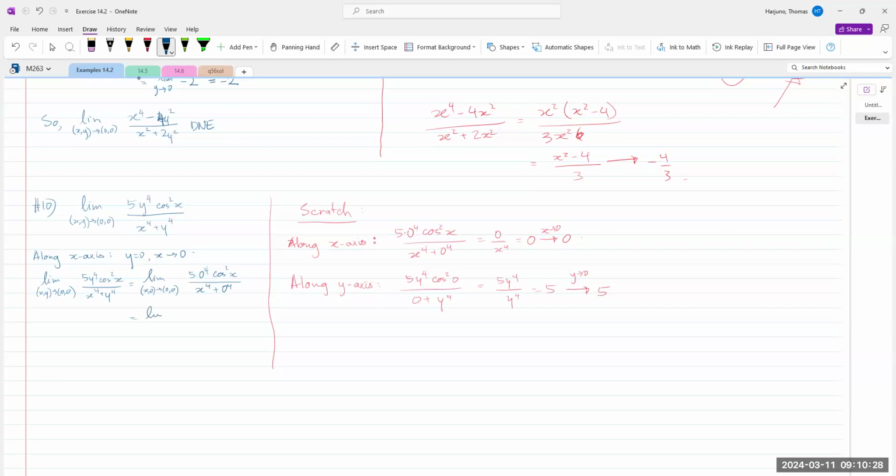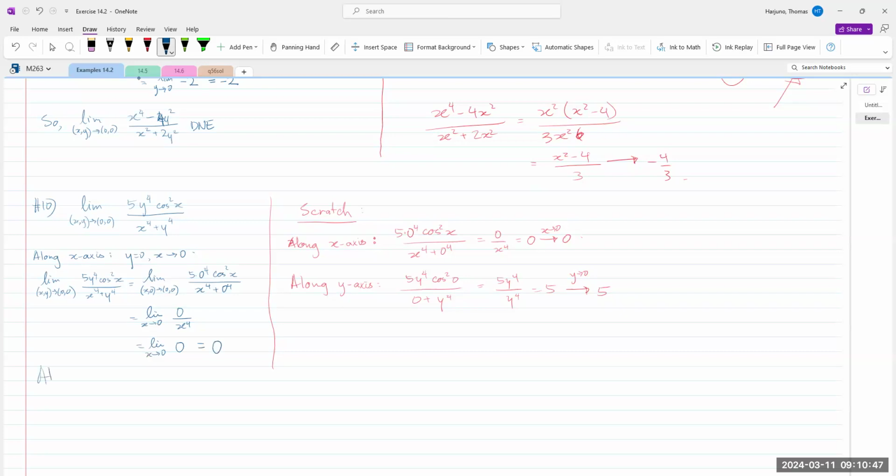That is limit as x goes to 0 of 0 over x to the fourth, which is 0, because on arrival, the limit of 0 is taken before you plug in x equals 0.